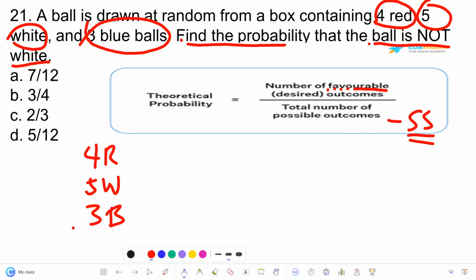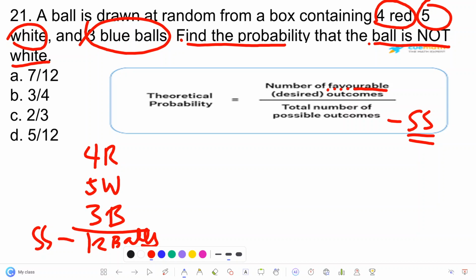Okay. So, kapag in-add mo ito, ito ay 12 balls total. Ito yung magiging total number of possible outcomes mo. Ito yung sample space mo. Dahil ang lahat ng 12 na bolang ito, kapag dumukot ka ng bola sa box, ay may equal possibilities of being picked or being drawn.